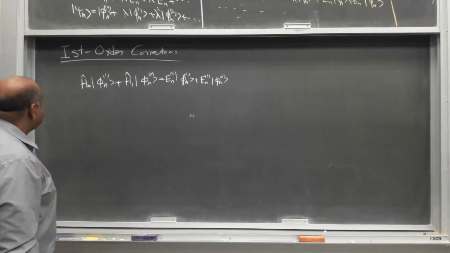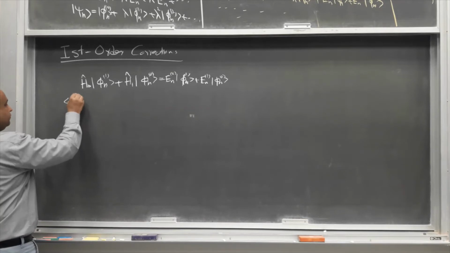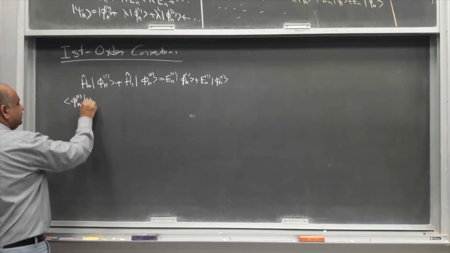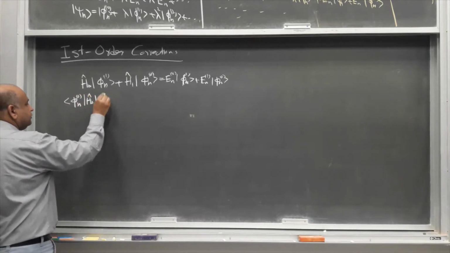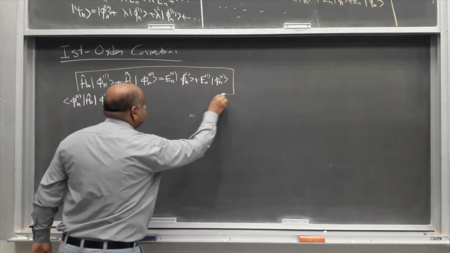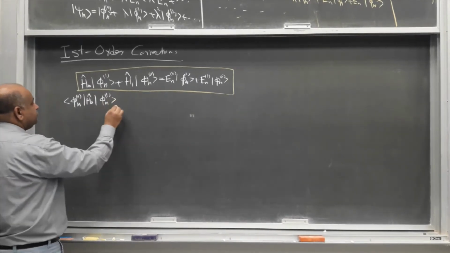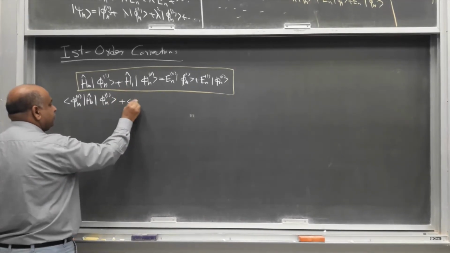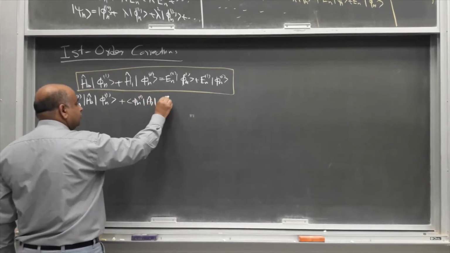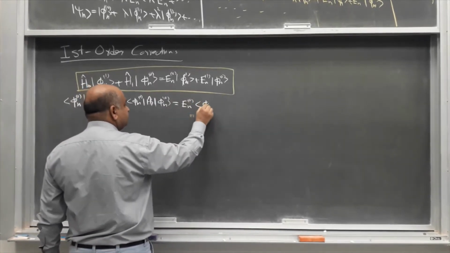So let's take its inner product with phi n0 from the left. Let me just say that this is the equation that came from the earlier board. If I apply phi n0 here, this is just a scalar, so it gets out.